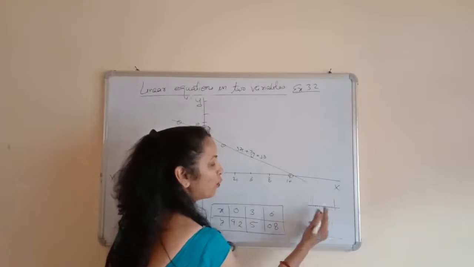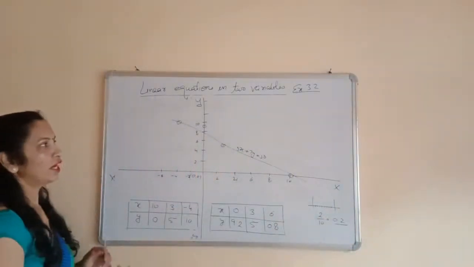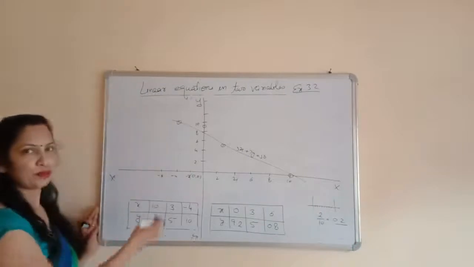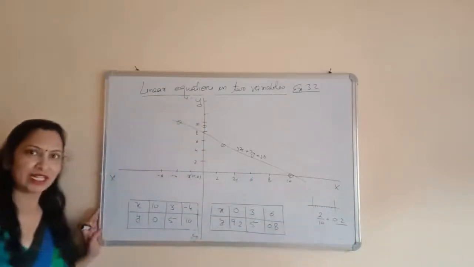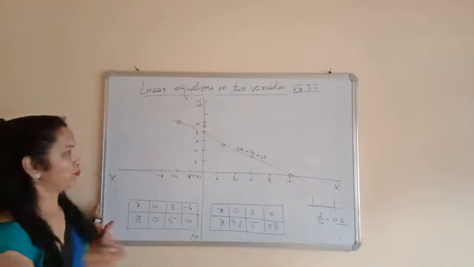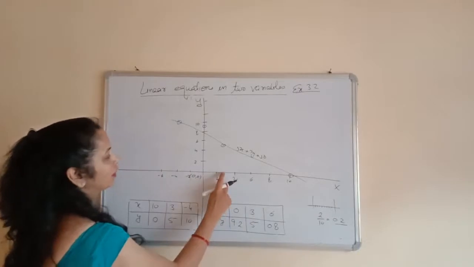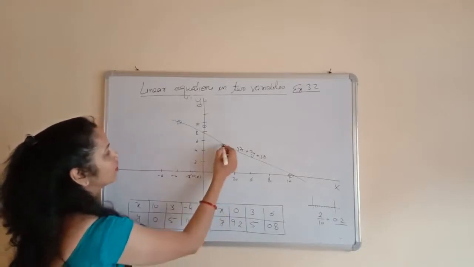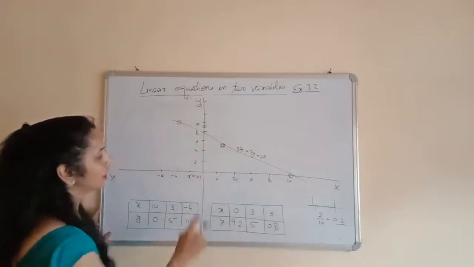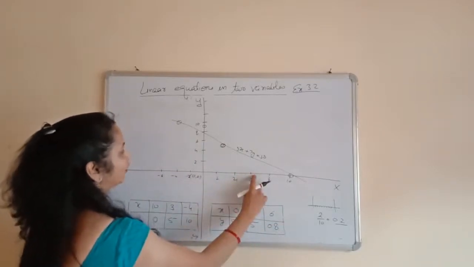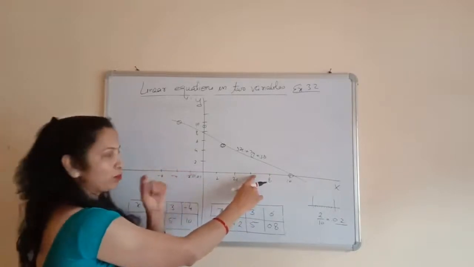So to find 9.2, we can easily find it using the fact that the small box represents 0.2. Then (3, 5): here is 3 and here is 5, the same point. Then (6, 0.8): on the x-axis 6 and the y-axis 0.8. 0.8 means the fourth box from the bottom.